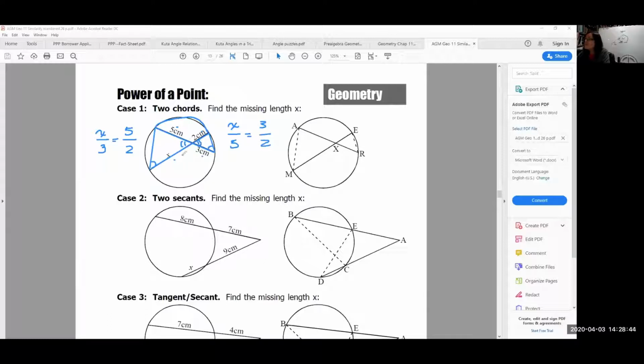Notice all I'm really doing is swapping the order of these, and I can do that since cross products are equal. Either proportion will give me the correct answer. I'm going to get 2x is equal to 15, x is 15 halves, or 7.5 if you're going to do a decimal, okay? So that one's pretty simple to see.